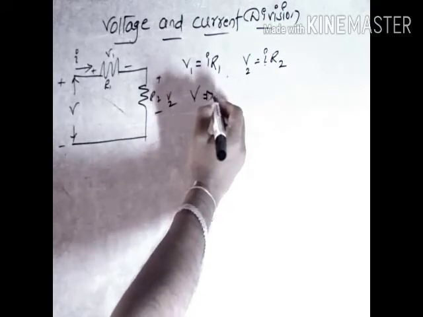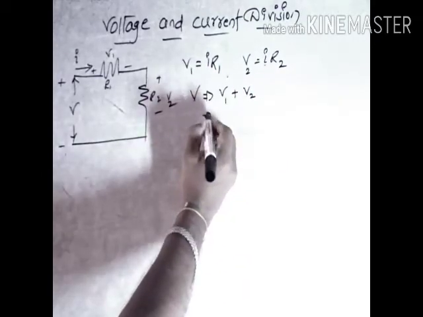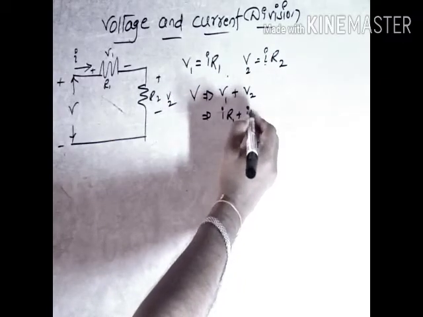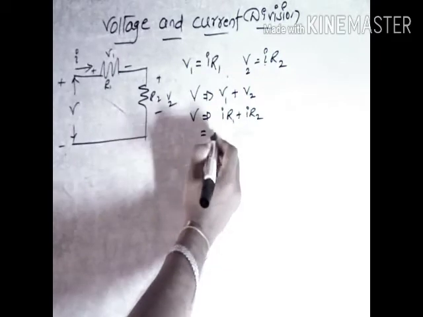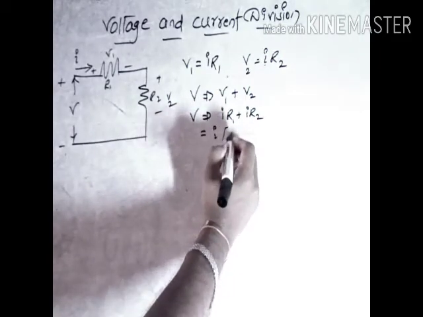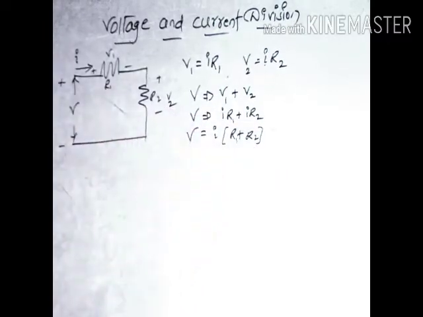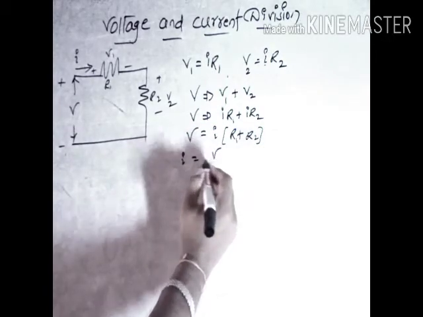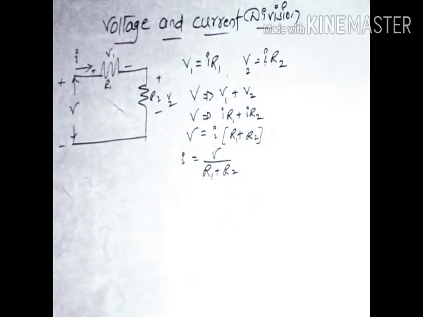So we can write V equals V1 plus V2, which equals IR1 plus IR2. From this we can write I into (R1 plus R2) equals V, where I equals V by (R1 plus R2).